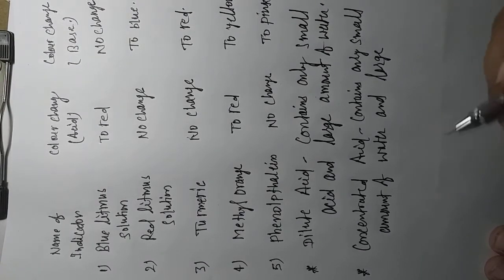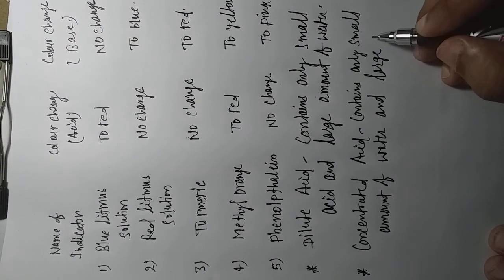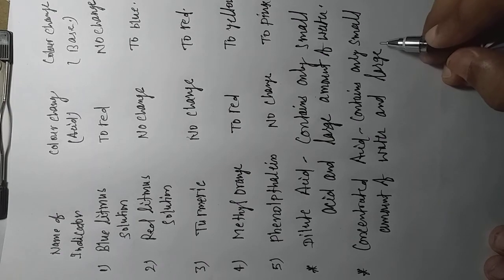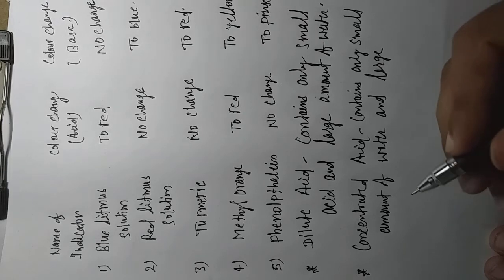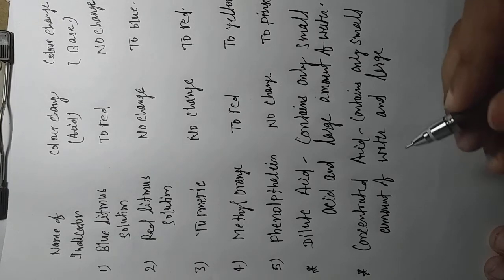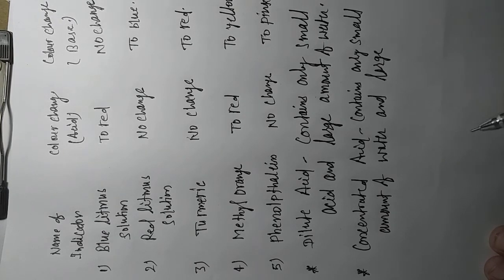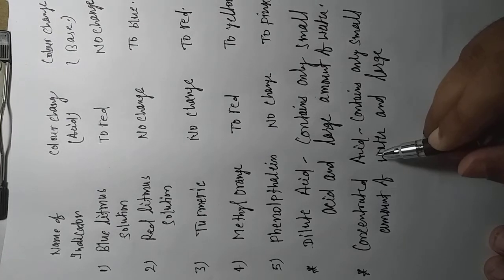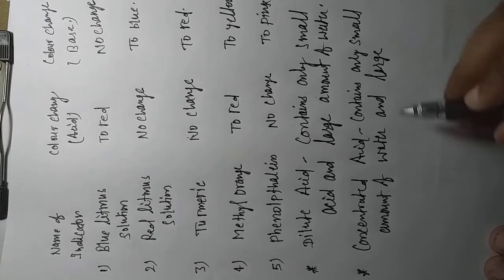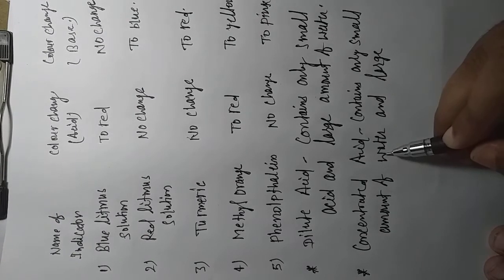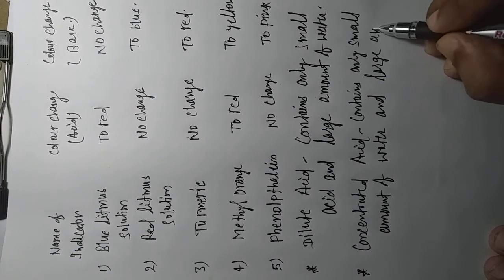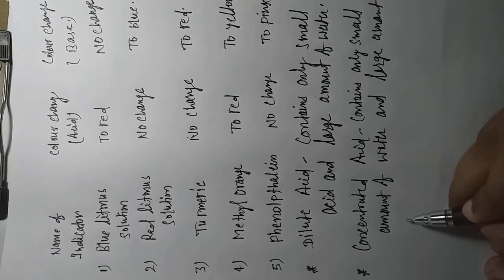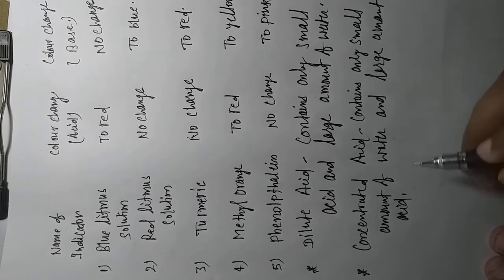You can put it in your own language, which is much better, because chemistry is all about communication. Here we are discussing concentrated acid, which means it contains a small amount of water, water is less in this, and we get a large amount of acid, right? This is called concentrated acid.